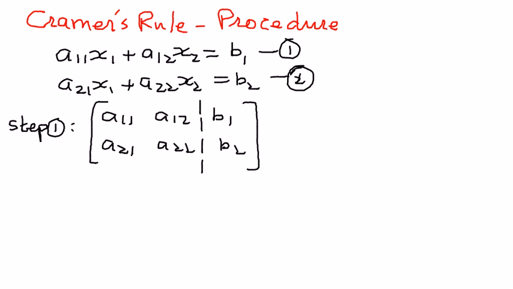Therefore a11, a12, a21, a22 can be thought of as the coefficient matrix, because those are the coefficients for the variables x1 and x2 in equations 1 and 2. And then Cramer's rule is telling us an easy way to solve for the variables x1 and x2.